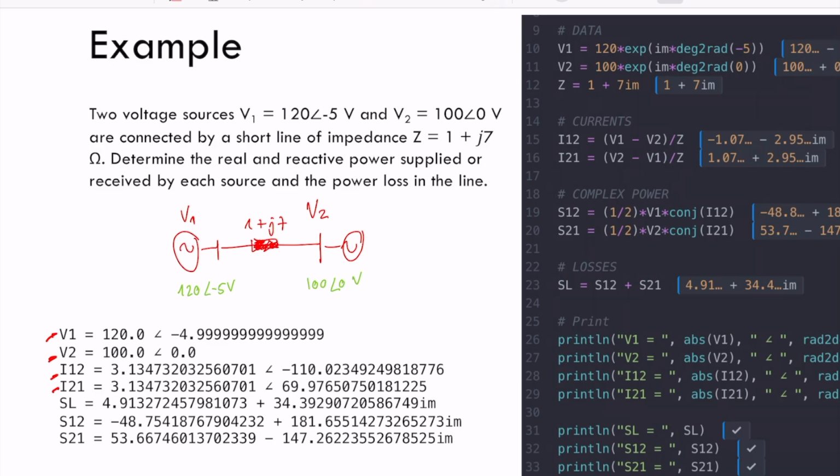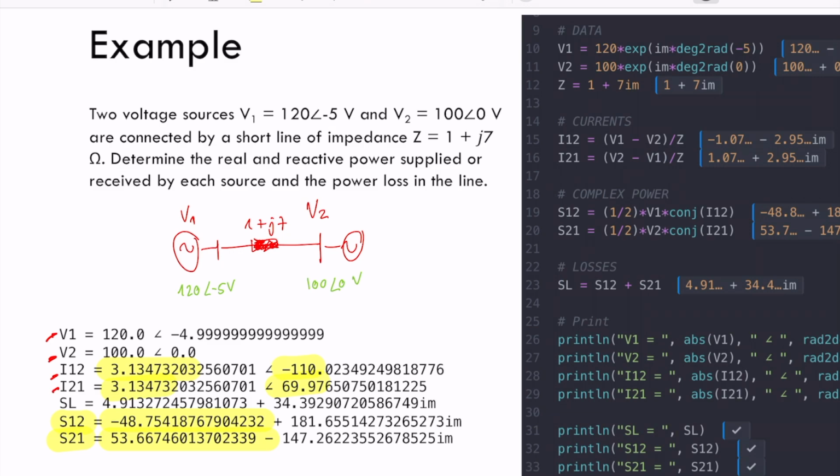Still, for me it's not clear because the values for both currents, this one and this one, are positive, but well, the phase angle is different. But the important thing here is that I want to see this active power. So who is sending power to whom? And you see S12 is negative.